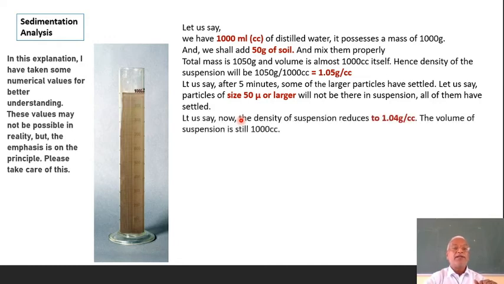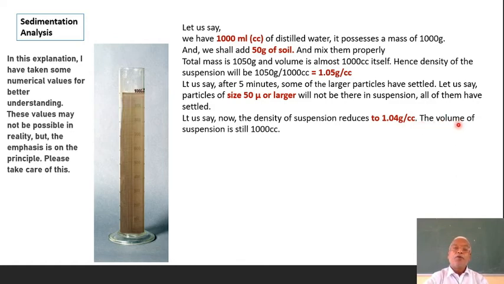This is a very interesting point here. Now let us say the density of the suspension reduces to 1.04 grams because some of the particles have settled down right at the bottom. So in suspension there will be lesser soil, and the density of the suspension will be reduced. Let us say it has reduced to 1.04 grams per cc.